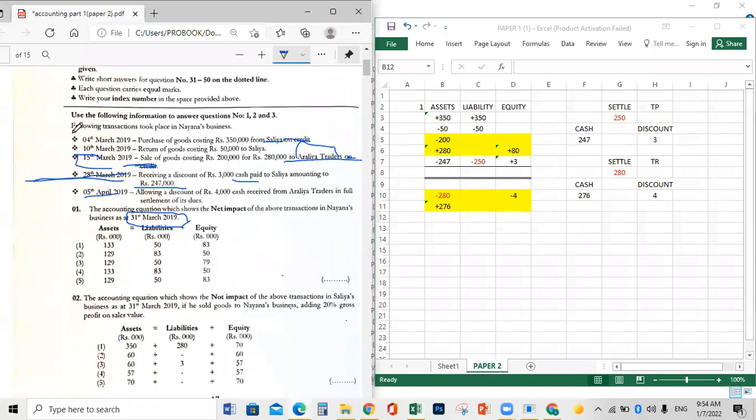For example, following transactions took place in Nayana's business. After that, don't read this, read the requirement. And if there are any particular dates given, underline the dates, because when you mark it, you don't forget to check it.